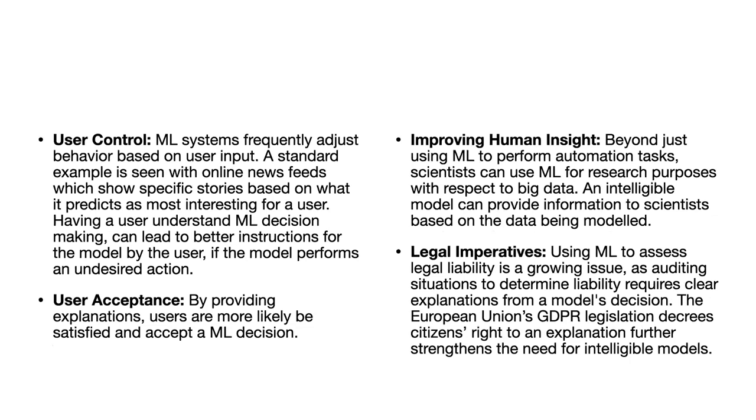There is also the issue of user control. As humans, obviously, we want to be able to tweak the algorithm, provide input to it in various ways. And in this case, explanations can help because they can tell us what needs to change in the model for it to behave in the way we wish it to, right? Generally, there's the issue of trust as well as legal imperatives.